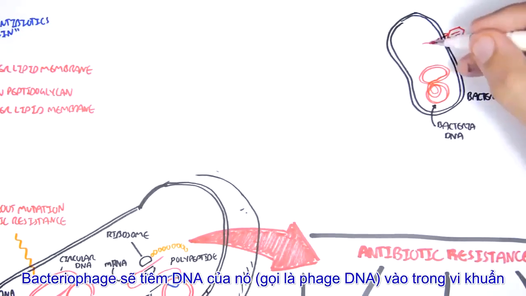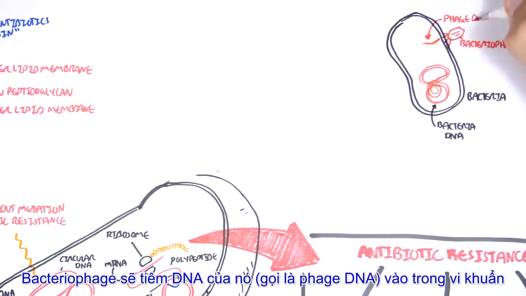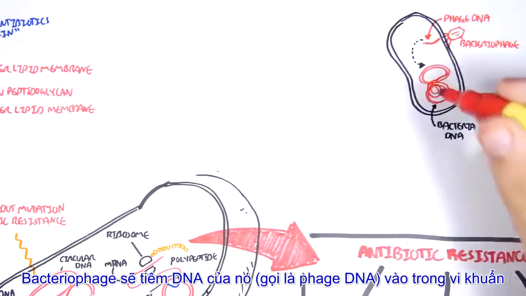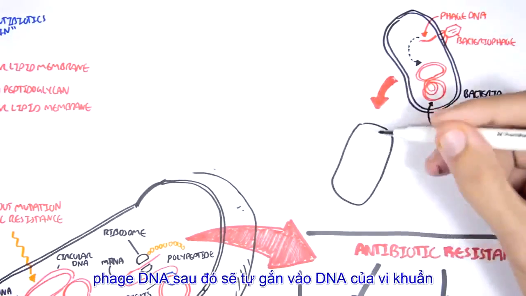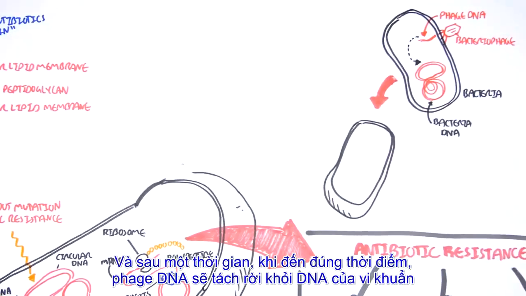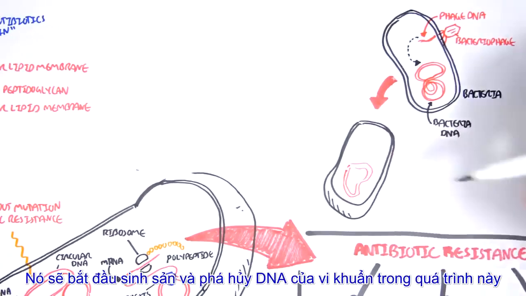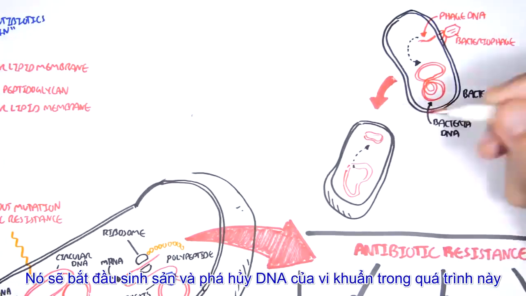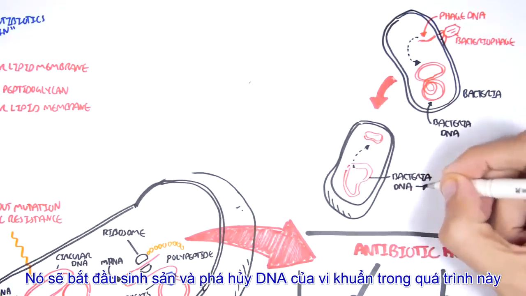The bacteriophage will inject its DNA, which is simply called the phage DNA, into the bacteria. The phage DNA can then incorporate itself into the bacterial DNA. And then, after some time has passed, when the time is right, the phage DNA will leave the bacterial DNA and then will begin replicating, destroying the bacterial DNA in the process.